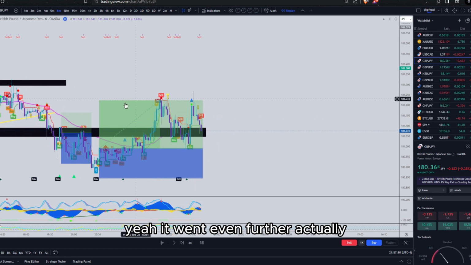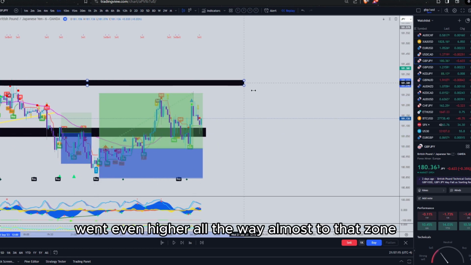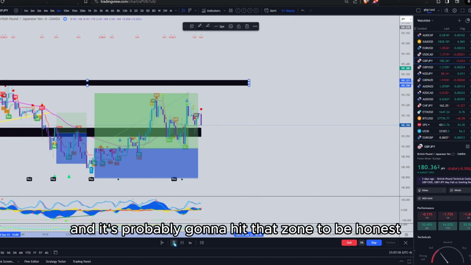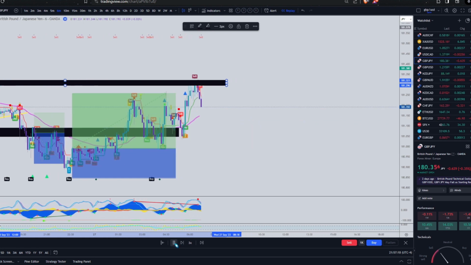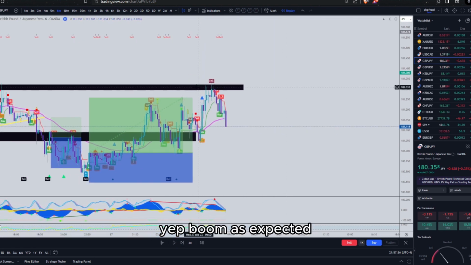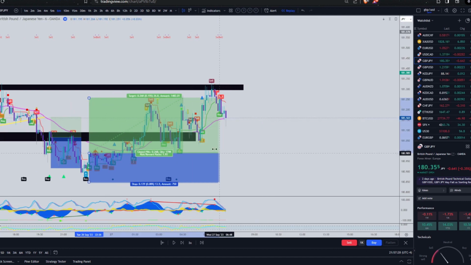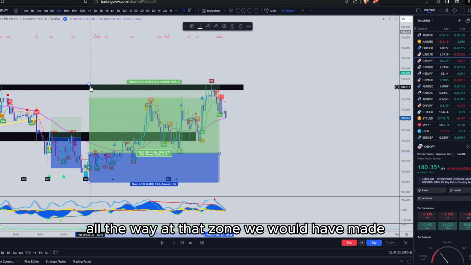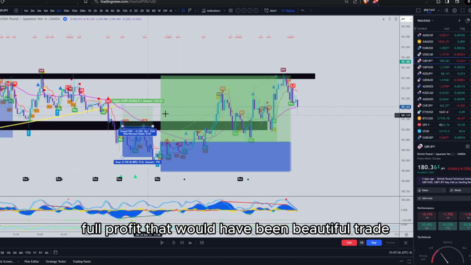Yeah, it went even further actually. Went even higher, all the way almost to that zone. And it's probably going to hit that zone, to be honest. Yep, boom, as expected, it hit our other zone. So had we just held all the way at that zone, we would have made full profit. That would have been a beautiful trade.